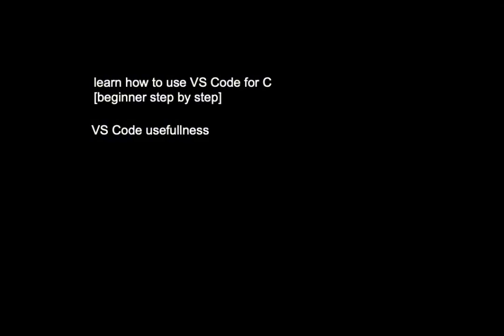That's why VS Code is very important. It's also useful in that it gives you suggestions for any problem. It guides you and makes writing a program easier than just writing without VS Code.